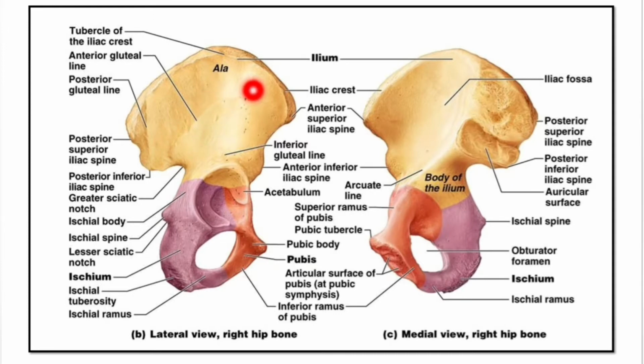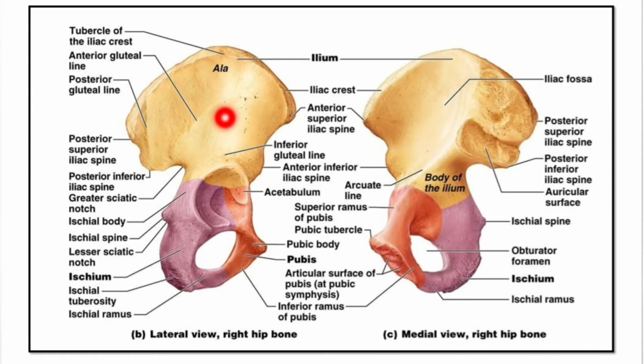This line is called the anterior gluteal line, here you have the posterior gluteal line, and here the inferior gluteal line. On the medial view, it forms a fossa called the iliac fossa. Okay, that's all for now. I will show you some other features at the end.